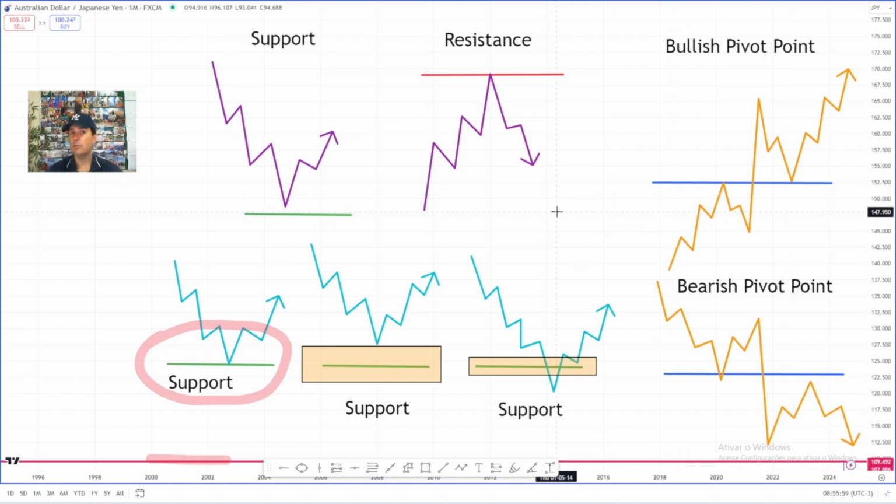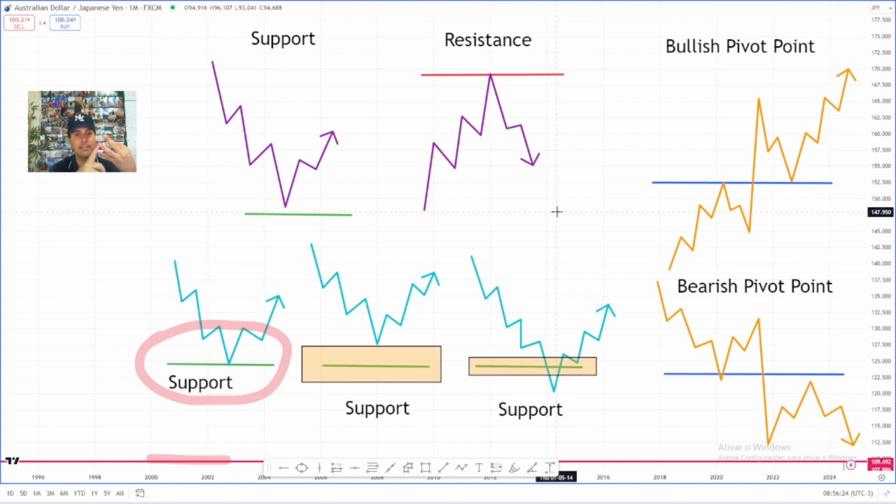So, we covered what is support, resistance, pivot point. We covered that you have bullish and bearish pivot point. We covered that support and resistance pivot point. The market in those three areas can behave in three different ways. It can touch the line, because we're going to chart the line. It can get near the line.